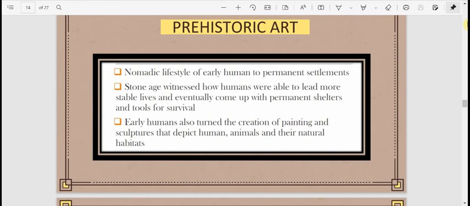So makikita natin yung evolution din ng mga early humans natin, from palipat-lipat sila ng lugar, yung mga shelters nila hindi ganun ka-stable kasi iiwan din naman nila yan sa pagdating ng oras, lipat din sila ng another environment or another place. And then, pagdating ng Neolithic, doon na nag-form yung permanent settlements. Mas naging stable na yung kanilang shelters at doon na sila nagsimula ng agriculture.